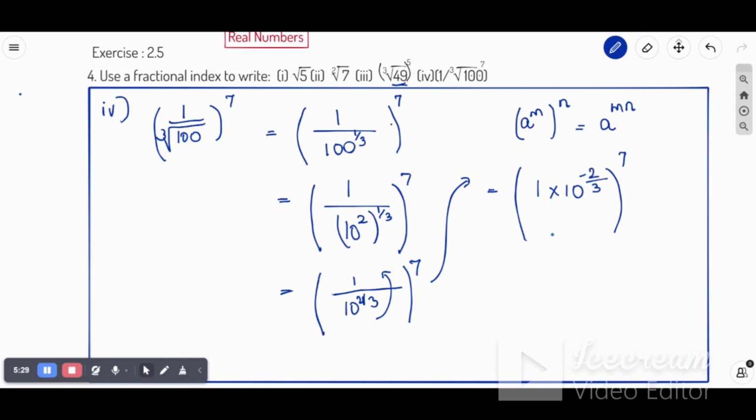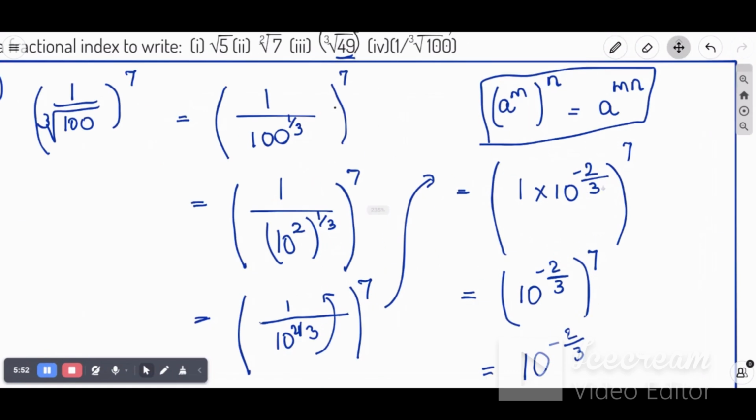The power alone becomes negative. Then 1 into 10 is the same number, so we don't have to bother. Write again the number, 10 to the power minus 2 by 3, the whole power 7. Now again we have to apply the same formula.